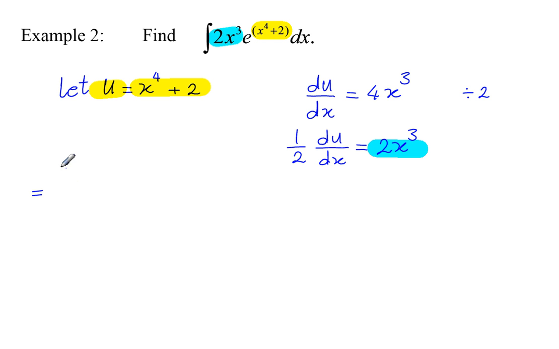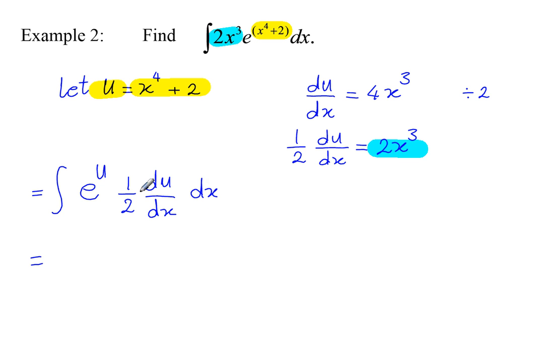So this would be now the integral of e to the power of u, and then the 2x cubed, which is this here, can be replaced by half du by dx, and don't forget that dx in the question.